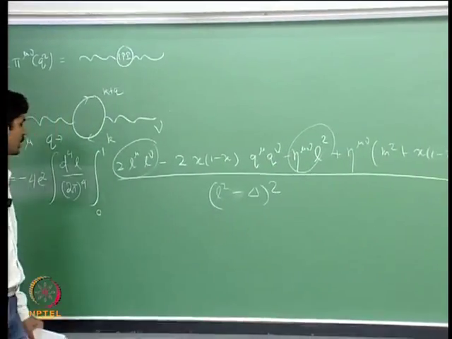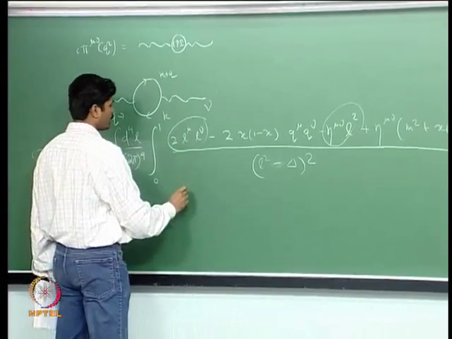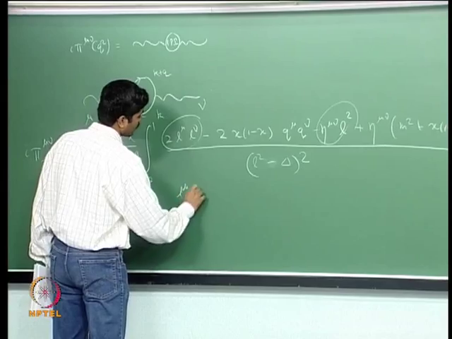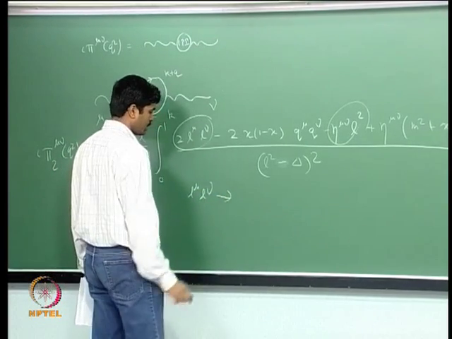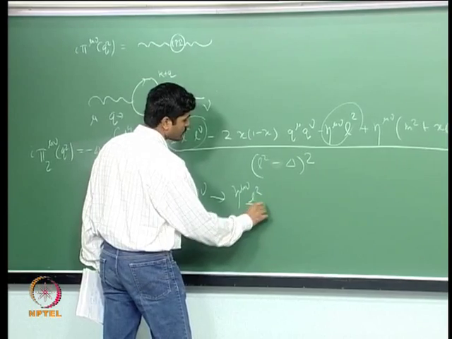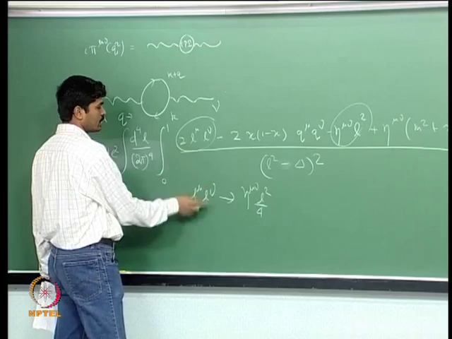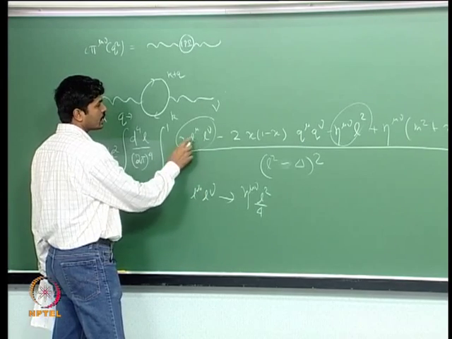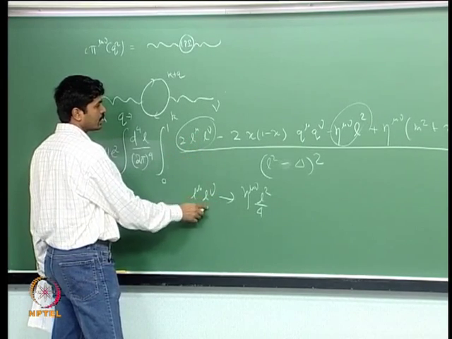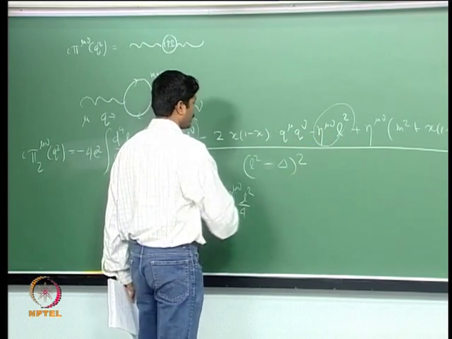We discussed in the last lecture that L mu L nu inside the integrand can simply be replaced by eta mu nu L square divided by 4, so we get simply half eta mu nu L square.